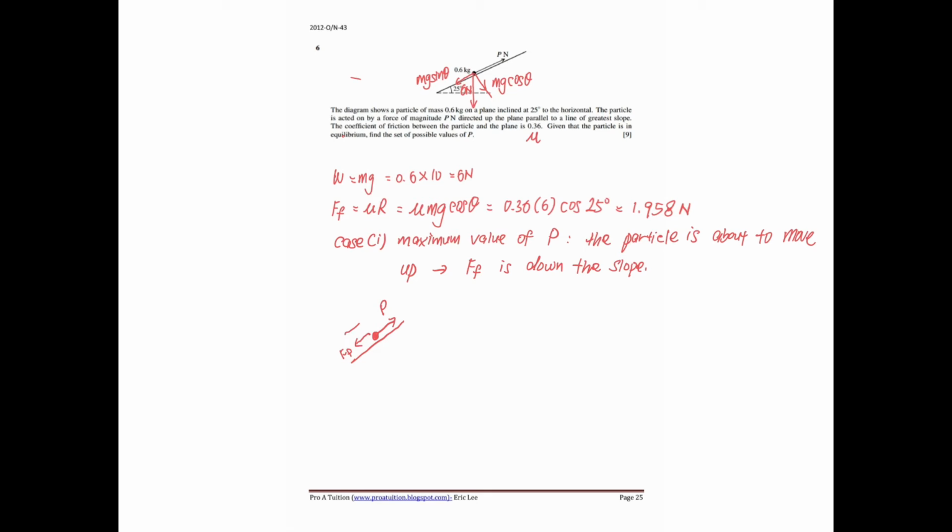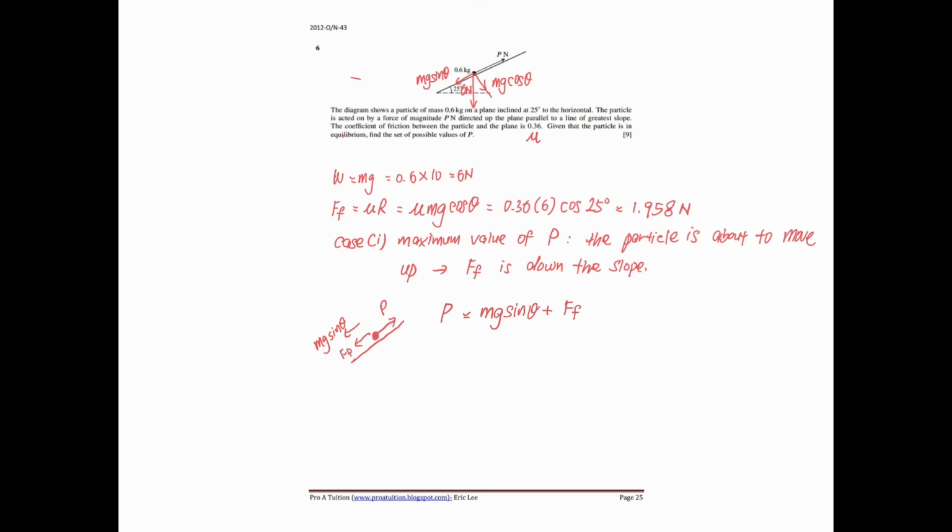The weight component is still acting downwards. It's always downwards, the weight component, mg sine theta. Okay, so the equilibrium is in this way. Forces acting upwards are equal to the two forces that act downwards. That is the equilibrium that we can form. So in that case, we have P equal to mg sine theta plus frictional force.